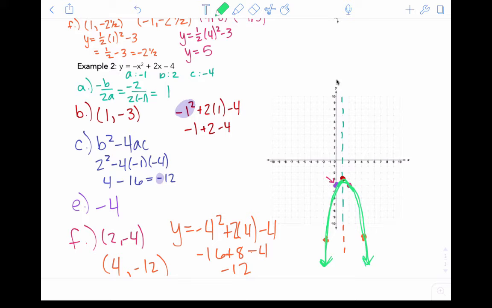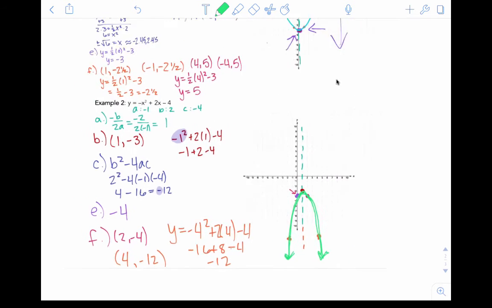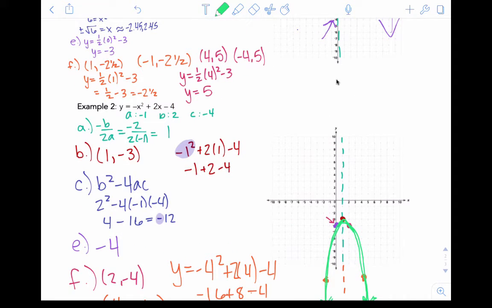Now remember that we noticed that when the A is positive, it opens upwards, and when A is negative, it opens downwards. That's something that we noticed the past couple days in class when we did all the discovery stuff.